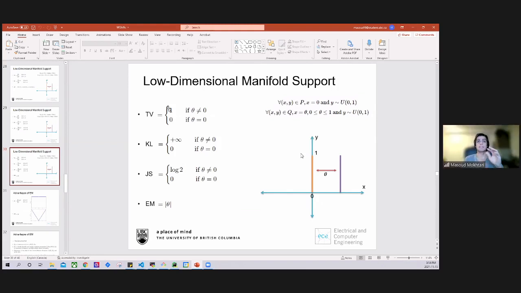Well, in this example I see this, but I'm not sure why TV may not be a good choice for other cases, because TV naturally will penalize mode collapse as well as EM. So I was wondering why not choose TV, and I realized that maybe it's because of this continuity in the EM distance in comparison with TV.